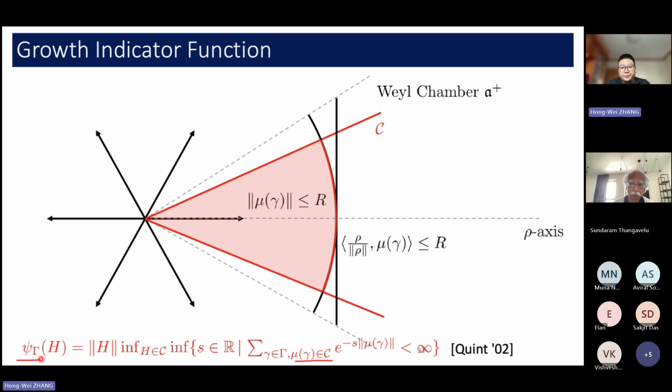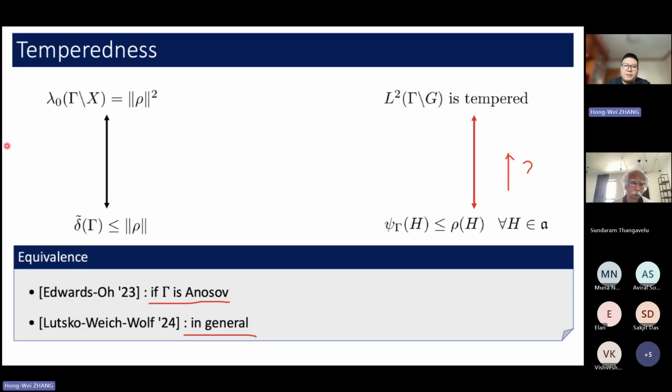So they use this notation, and they proved the equivalence between the temperedness of L2 and this critical exponent. This critical exponent is usually called the growth indicator function. So we already have the equivalence on the left and the equivalence on the right, and we want to know what happens in the middle, right?